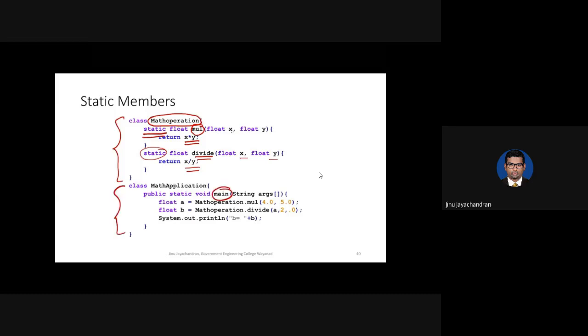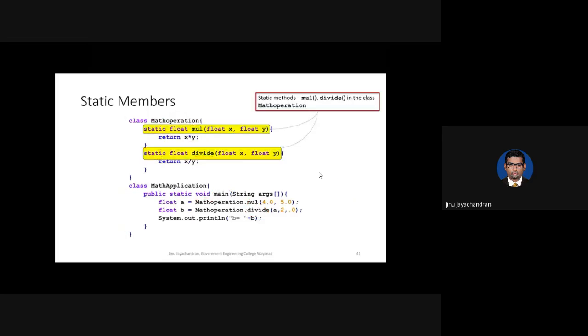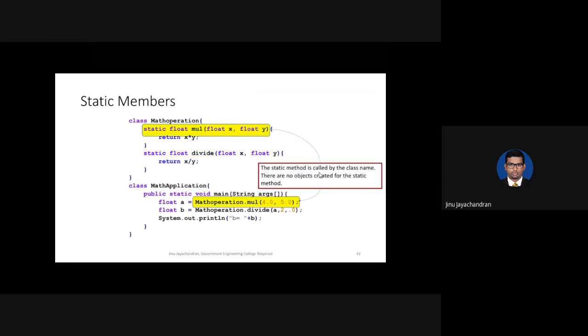You see, when I called mul or divide, I haven't used any objects. I haven't created an object with the new keyword. Instead, I called MathOperation. So basically, these are the two static functionalities. When I called mul, I directly used the class name.